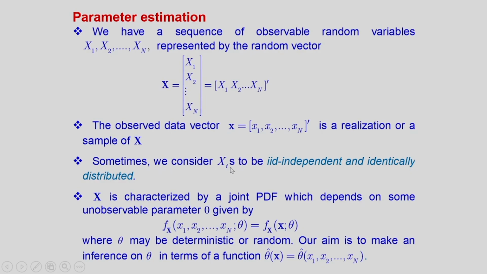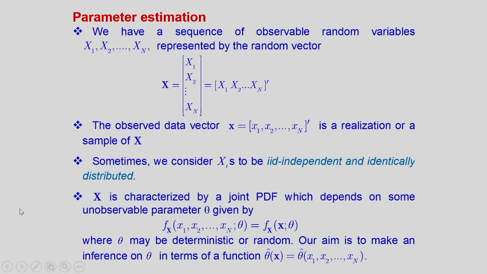Sometimes we consider xi to be IID, that is also one important concept, independent and identically distributed. All x1, x2 up to xn are independent and each of them will have the same distribution. X is characterized by a joint PDF which depends on some unobservable parameter theta.